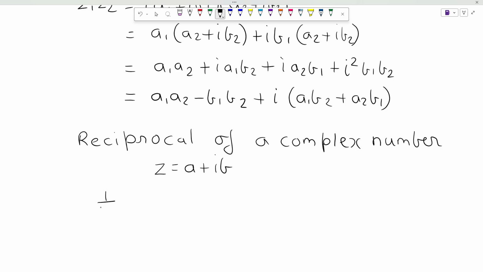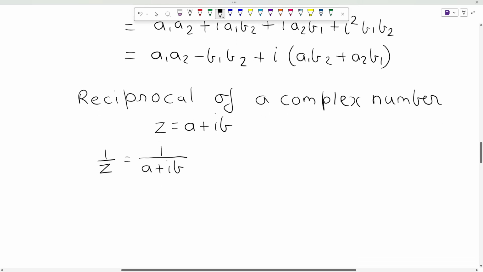So let us find what is 1 over z. So that will be equal to this. Okay, now to learn the reciprocal of complex numbers, we need to learn what is complex conjugate.